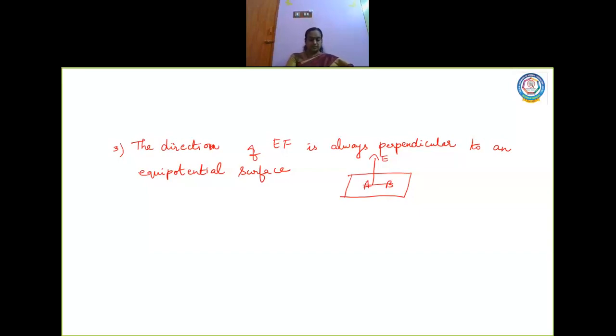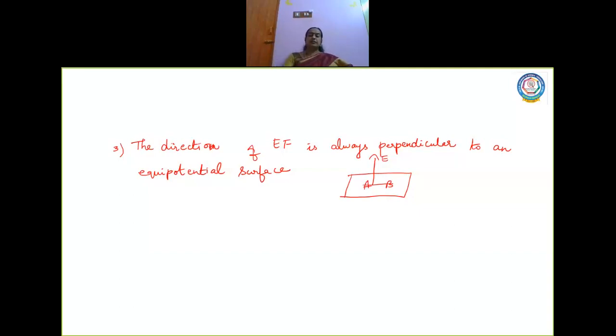to an equipotential surface. If it is not going to be perpendicular to the surface, it will have a non-zero component, and to move a test charge in that field, you will have to do some work. But whereas in an equipotential surface, work done is 0.